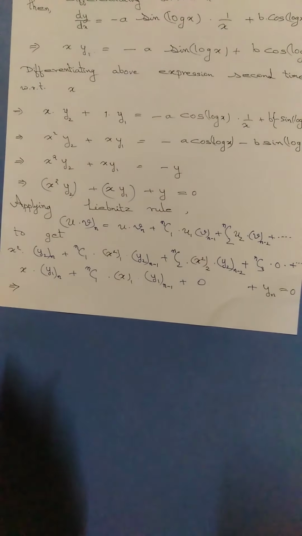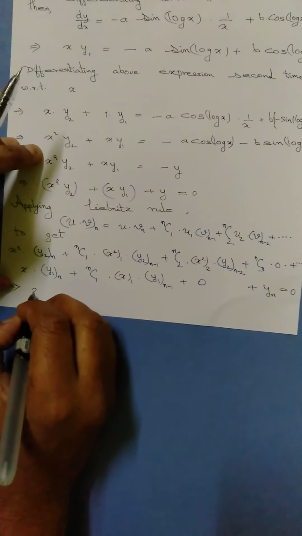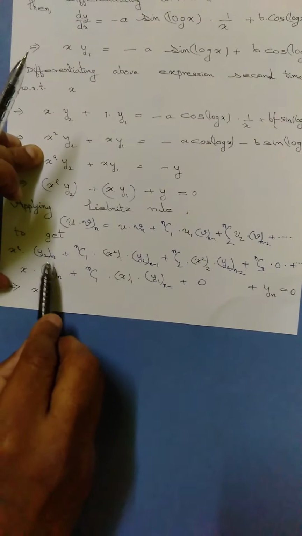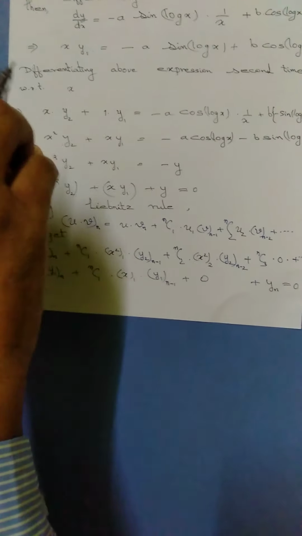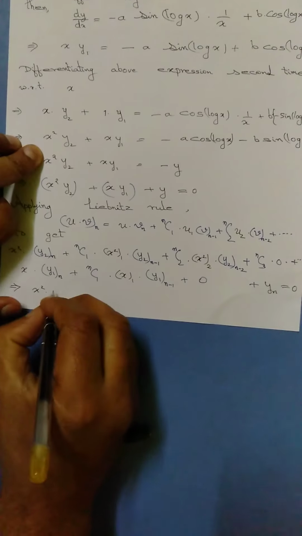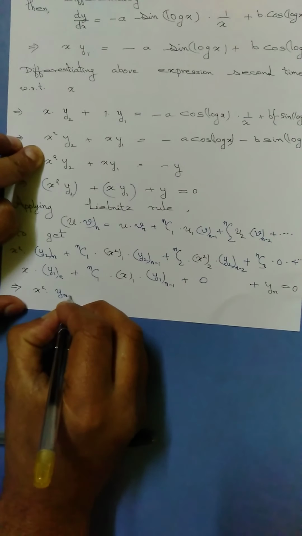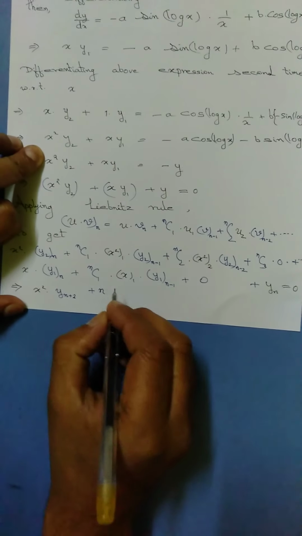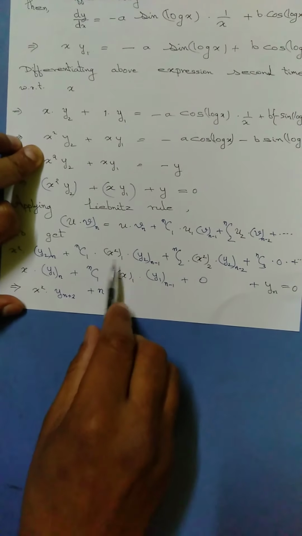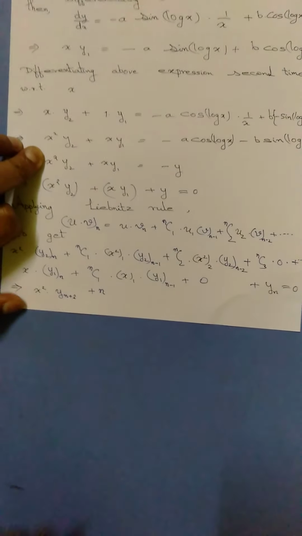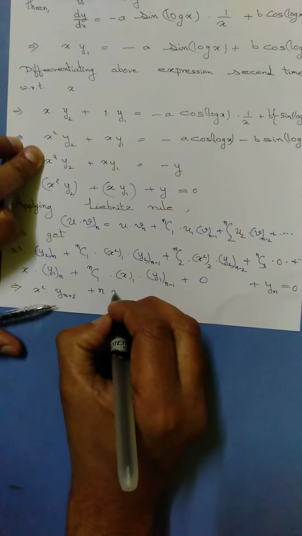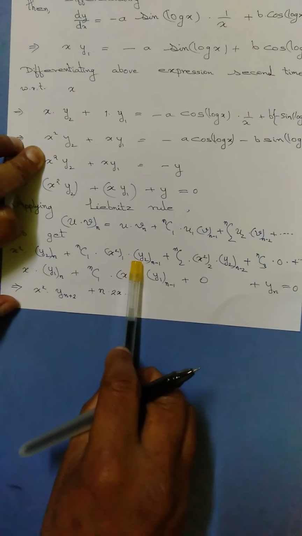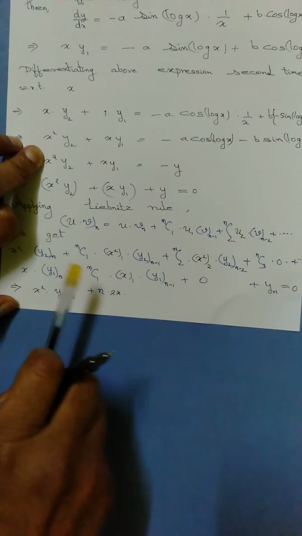x square as it is, second derivative of y and nth derivative of y. In total we have n plus 2 derivative of y, plus n, first derivative of x square is 2x, second derivative of y and n minus 1 derivative of y.